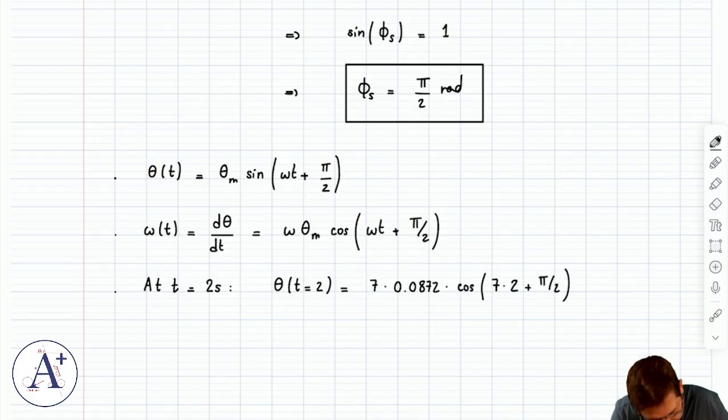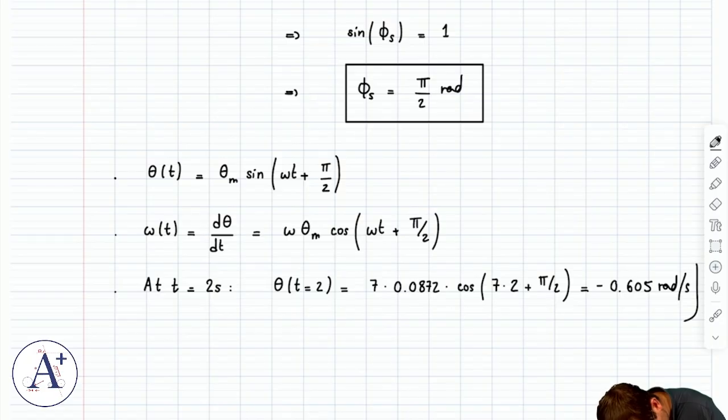That is going to give us minus 0.605 radians per second.